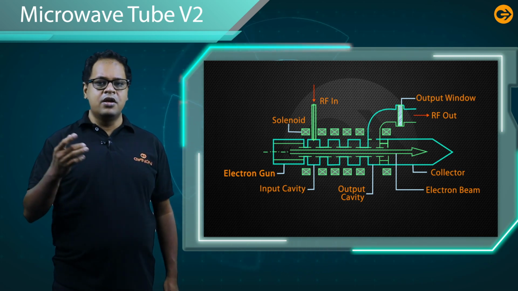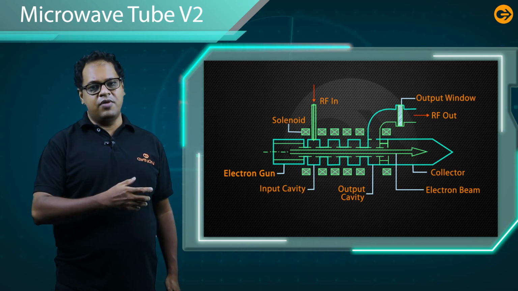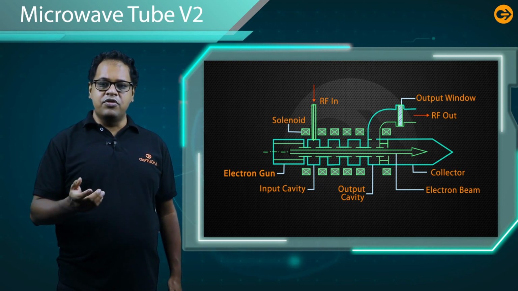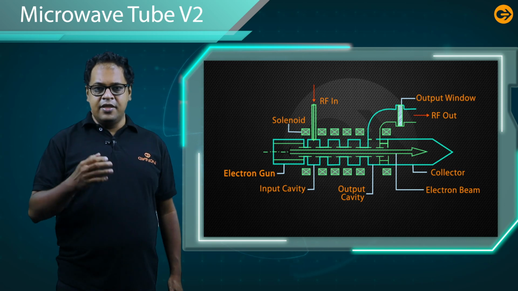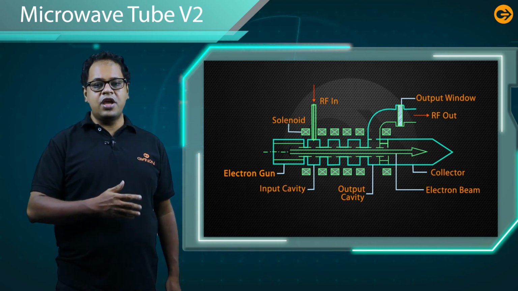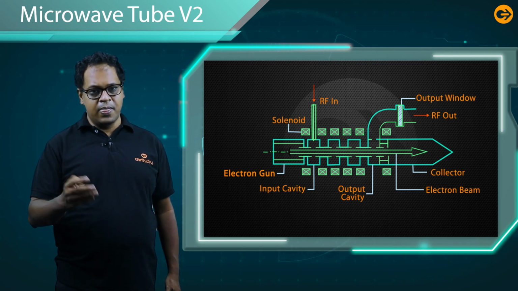Also, there is one catcher and there is one buncher. The only difference from the two-cavity klystron is that there are multiple cavities in between the input cavity and the output cavity.